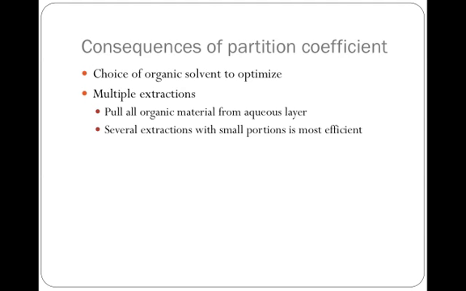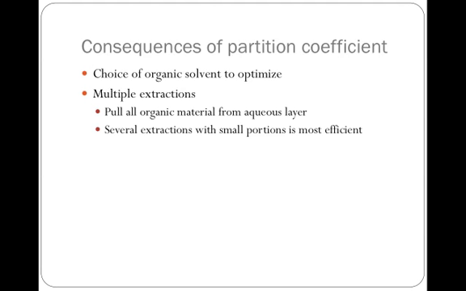The consequence of the partition coefficient then is that the partition coefficient is a function of the organic solvent you chose. So you can choose an organic solvent to optimize your partition coefficient, and also you can do multiple extractions so that if the material you're interested in is mostly in the organic layer, you can extract that aqueous solution several times to try and milk as much of the compound you want out of that aqueous layer.